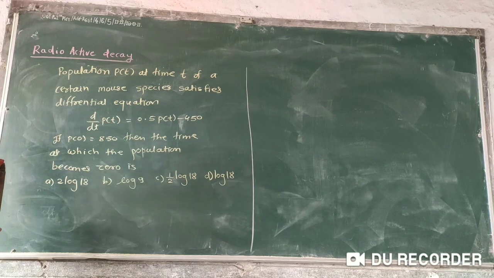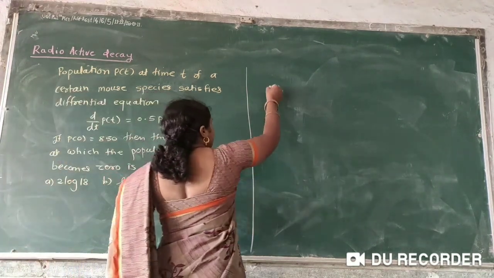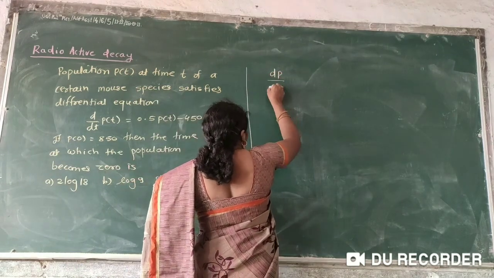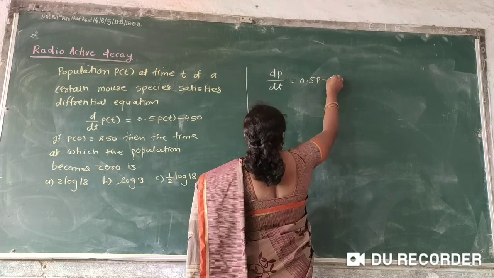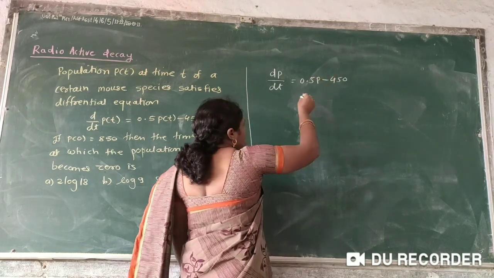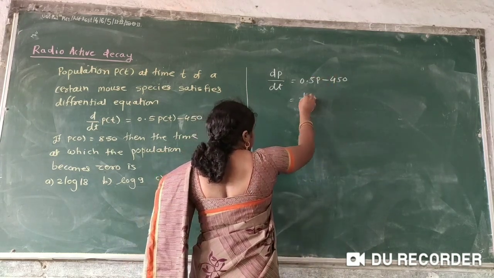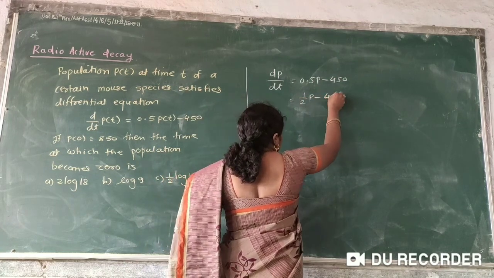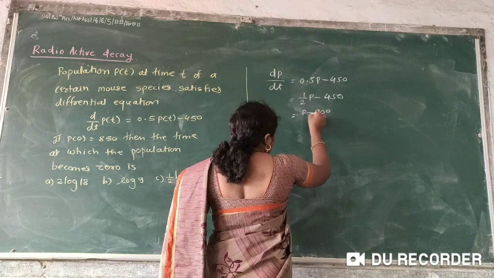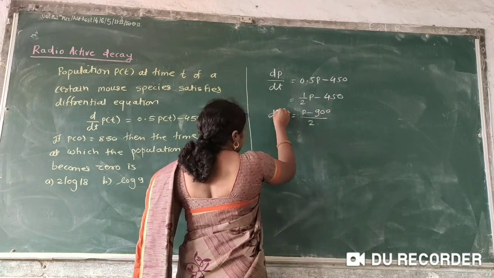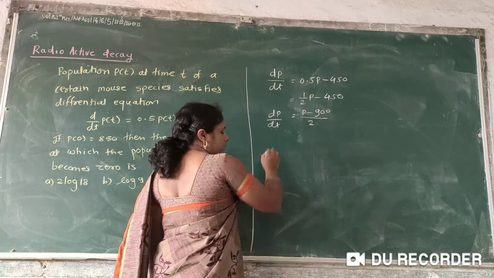This equation is written as dp by dt is equal to 0.5 p minus 450. That is 0.5 means 1 half p minus 450. Simplifying this, p minus 900 upon 2. This is the value of dp by dt.